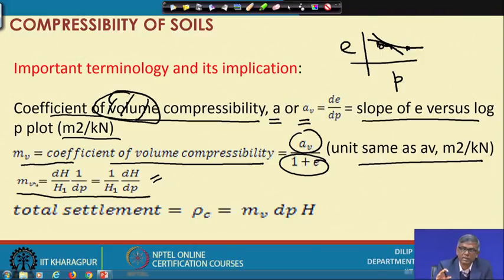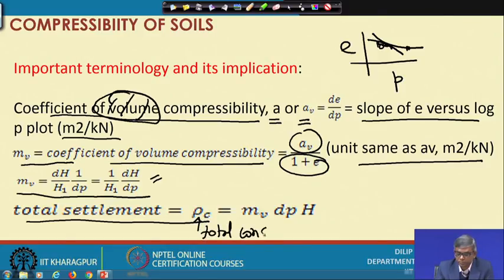So, if you directly know the thickness versus pressure change, from there also we can find out dH by dp, like de by dp, and then divide by the original thickness, and that also gives you the coefficient of volume compressibility. Once you know the coefficient of volume compressibility, one can find out the total settlement, and that is shown here: rho c, the total consolidation settlement.